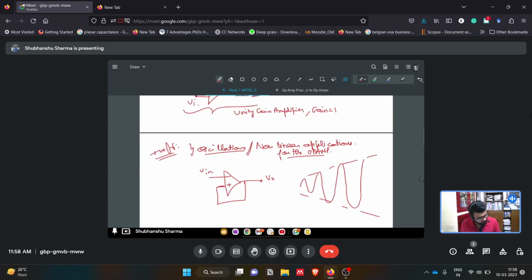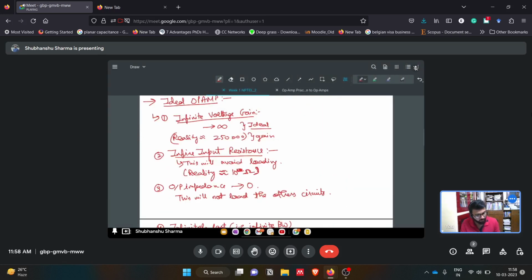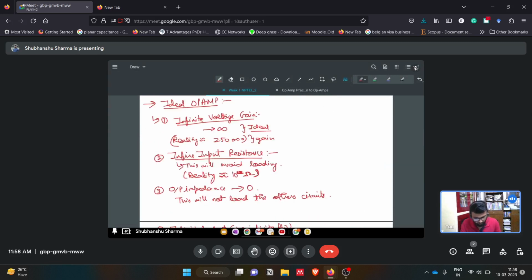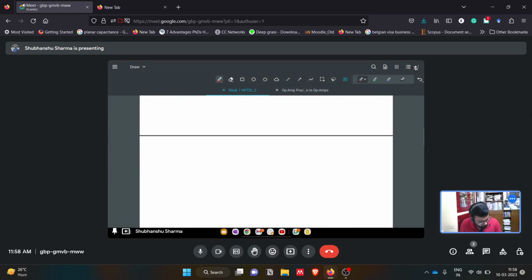Since we have talked about feedback in op amps and the ideal behavior of the op amps, now we will look into the op amp characteristics.